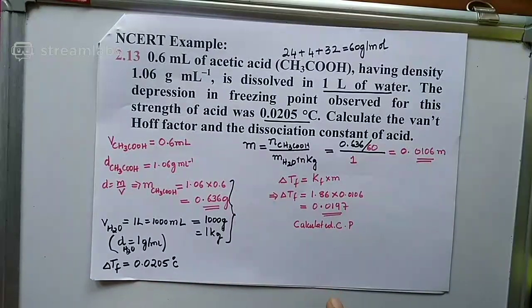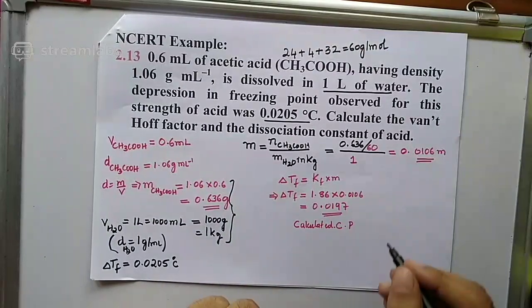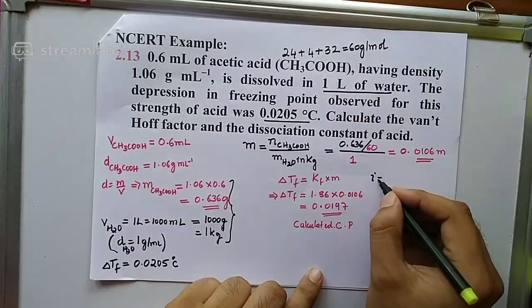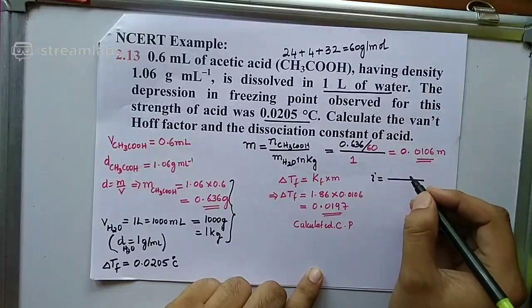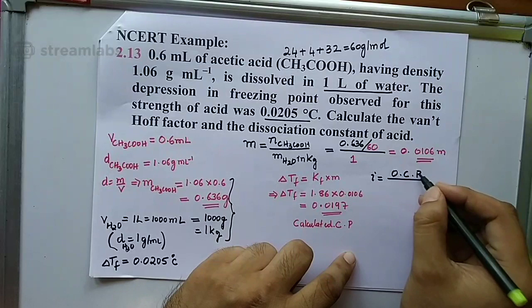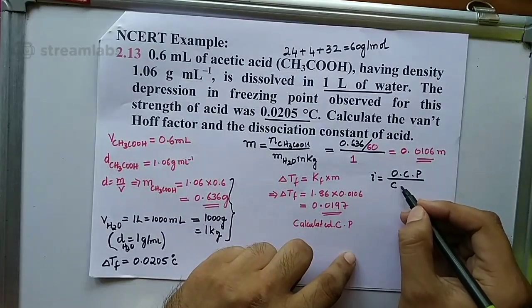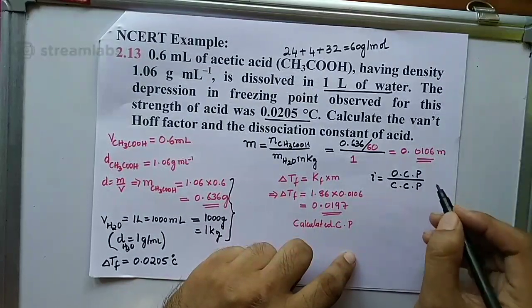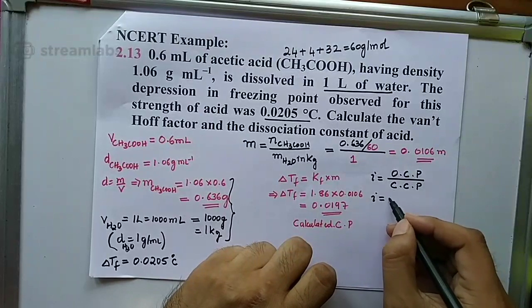Is it clear, students? Now we know that Van't Hoff factor i is equal to, as I taught yesterday, observed colligative property divided by calculated colligative property. So you can calculate the value of i easily.